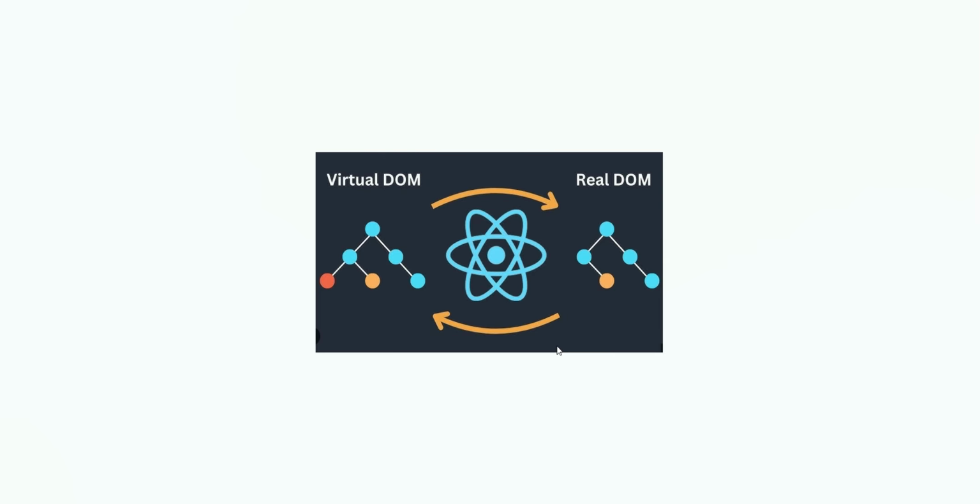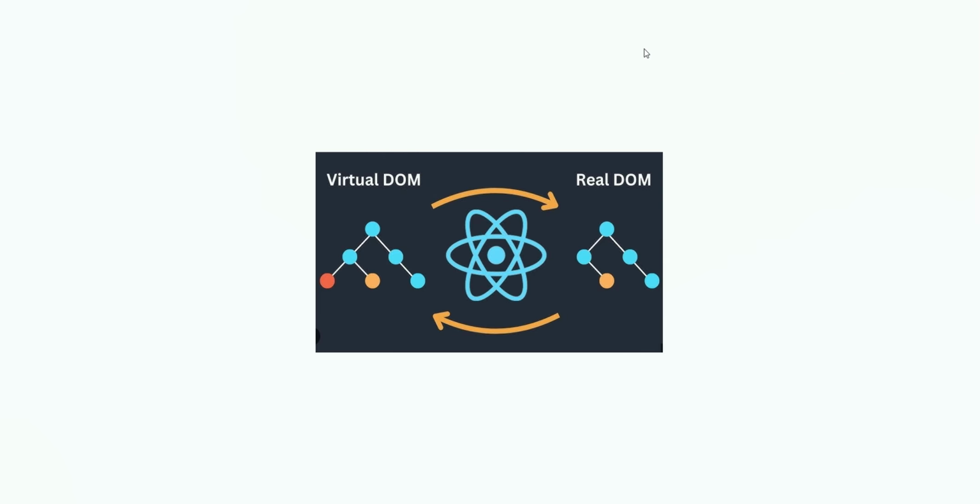Rather, React will update those properties in the virtual DOM, and then it compares that virtual DOM with the real DOM, and if it finds any differences, only those properties will be updated. In this way, React is capable of reducing unnecessary updates to the UI. So this is how React works.